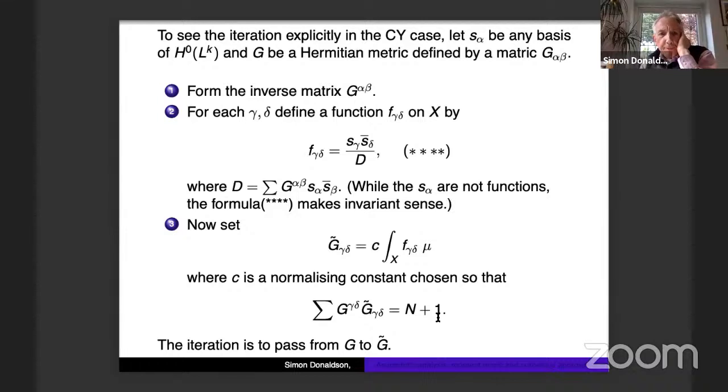So that's it. The iteration step is to go from the matrix G you started with to the matrix G tilde. If you've got a button that inverts a matrix and a button that integrates over the manifold, then that's all you have to do.